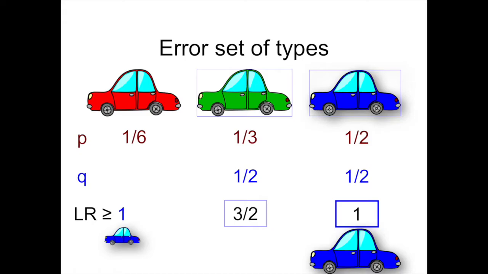Well, if we look at our likelihood ratios on the bottom row, 1 is greater than or equal to 1 on the bottom right, 3/2 is greater than or equal to 1. So the set of cars here are the two on the right, the green and the blue. They have likelihood ratios that exceed that of the suspect car, the car that we're making the comparison with.